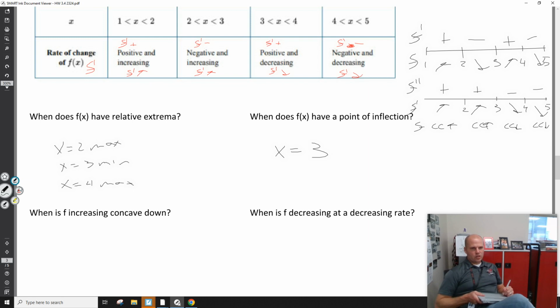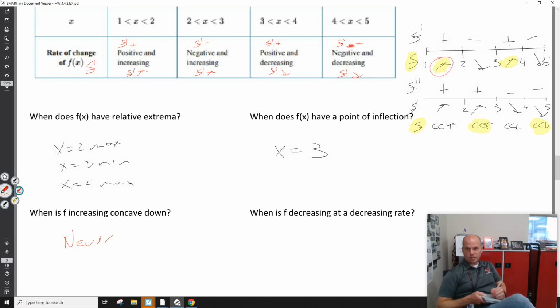When is F increasing, concave down? When is F increasing? F concave down? Oh, never. You don't have positive and, right here, 3 to 4. Oh, I just missed it.